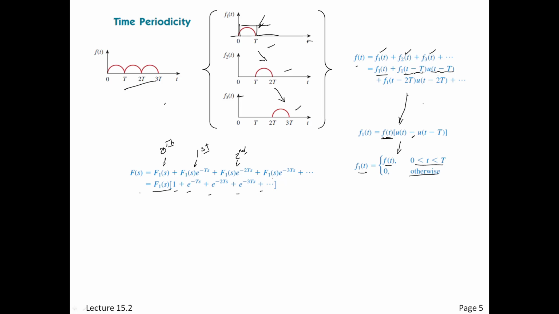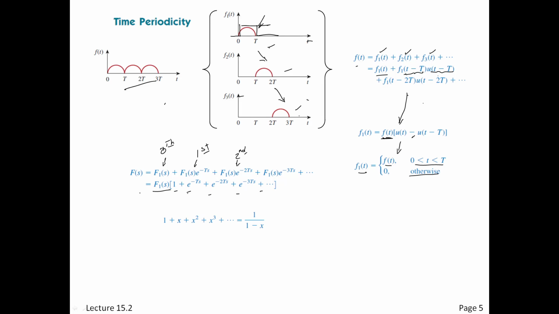This looks like an infinite series, and we know we can represent series by doing series expansions or recognizing the type of series that this is. We're going to have it of the form 1 plus x plus x squared, that sort of thing.